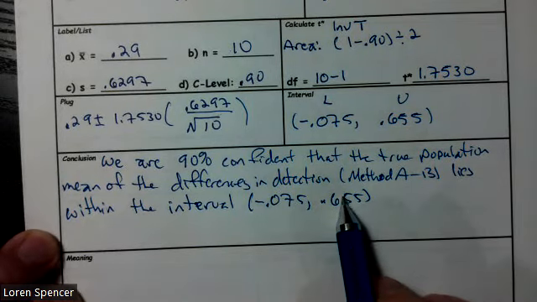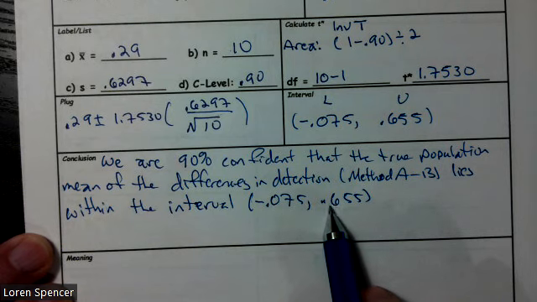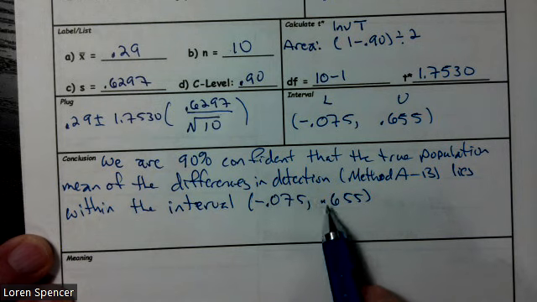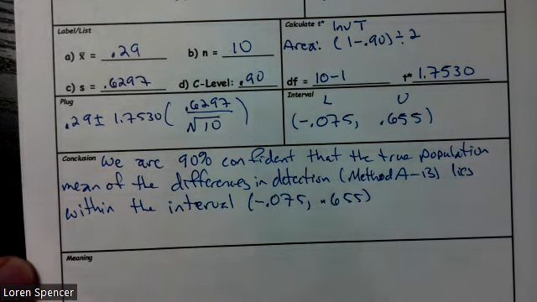Now, one thing I notice is 0.655 is farther away from zero than negative 0.075, which means A was slightly higher. It means A was higher than B, but it wasn't statistically significant.